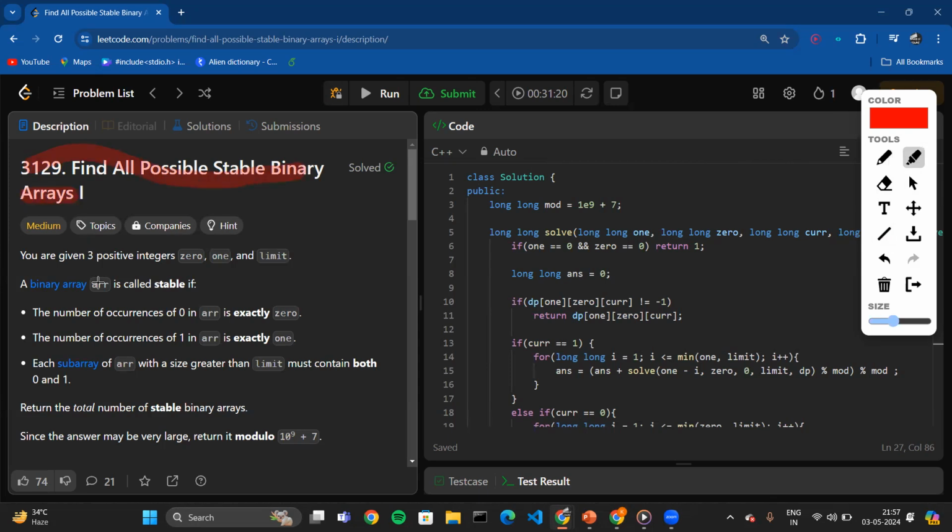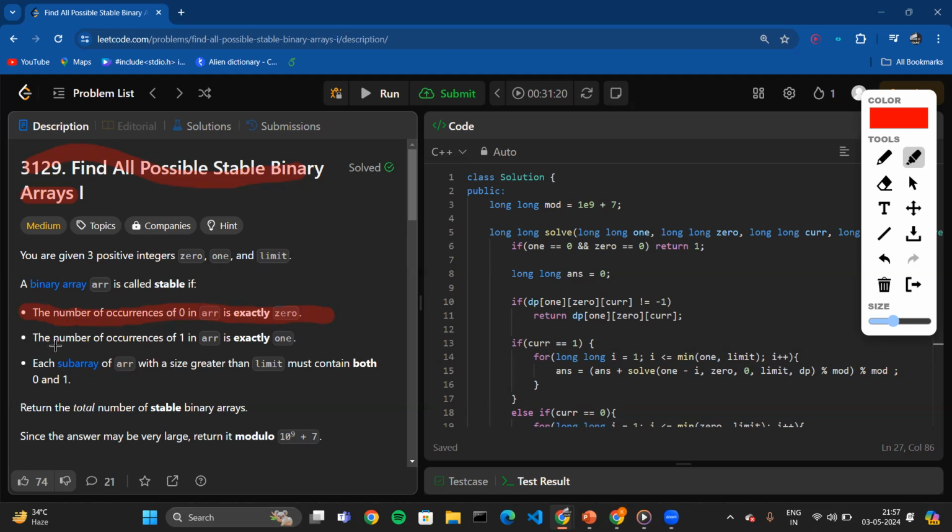Now, a binary array is called stable. We need to find stable arrays whose number of occurrences of 0 in the array is exactly zero, and number of occurrences of 1 in the array is exactly one. So zero and one will be given to us in the question.